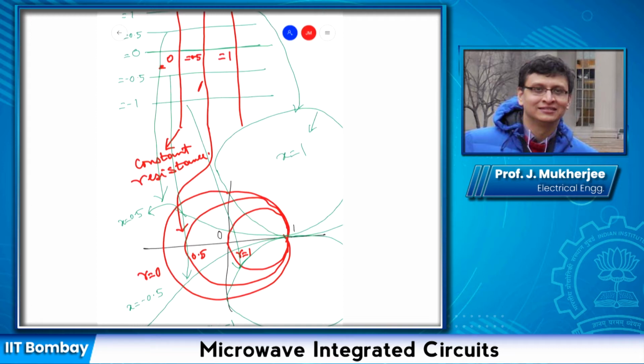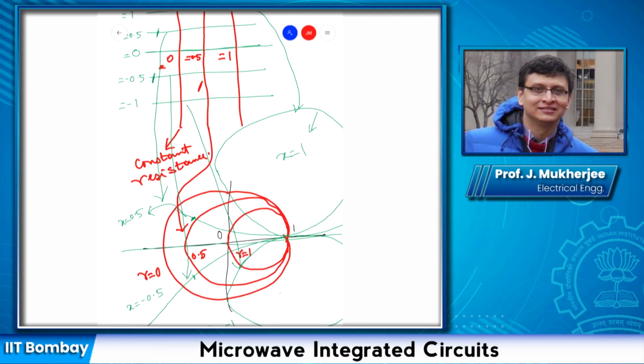See, the x-axis is between the x equal to 0.5 line and the x equal to minus 0.5 line. So it must be somewhere between this circle and this circle. And actually it is the x-axis. It is like a circle which has infinite radius, and this x-axis basically forms a part of the circumference of that infinitely large circle.